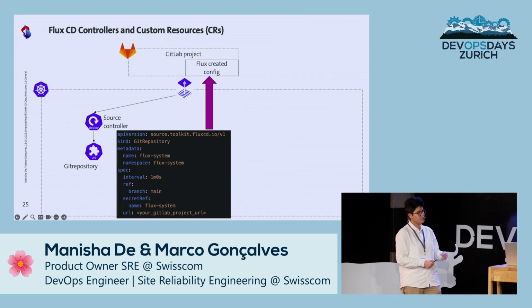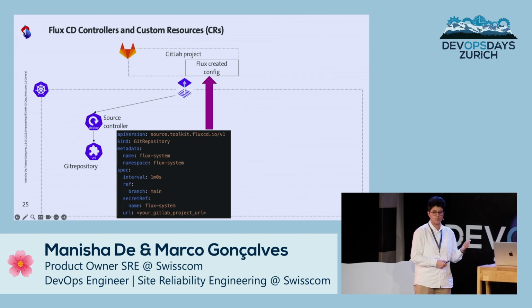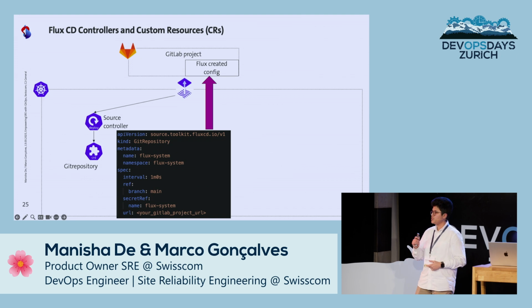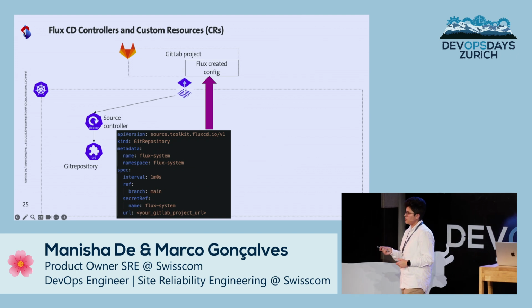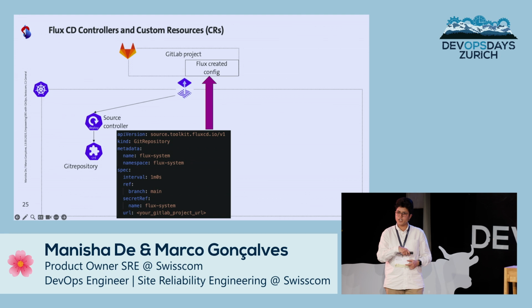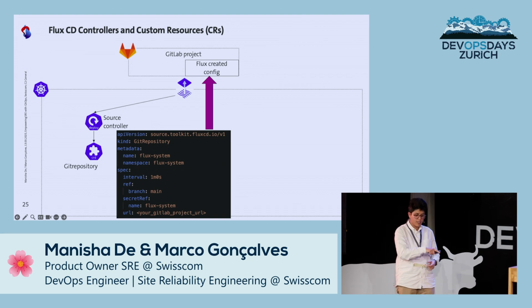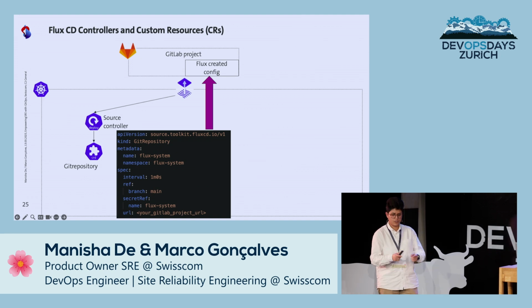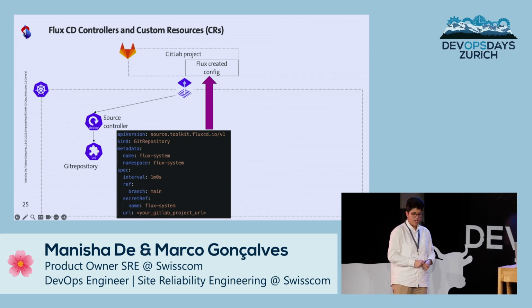And then under spec, you see the interval. That's the interesting part. Here we specify at which interval the source controller is going to check for changes in your source code. And then through the reconciliation of the custom resource, the Git repository, those changes will be applied on your application that is deployed in the cluster.